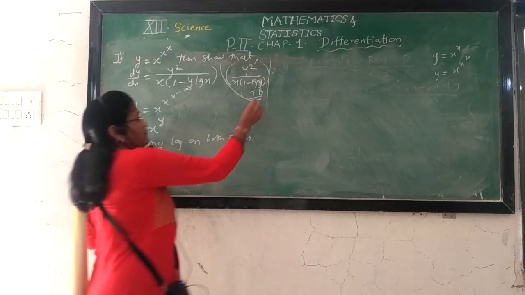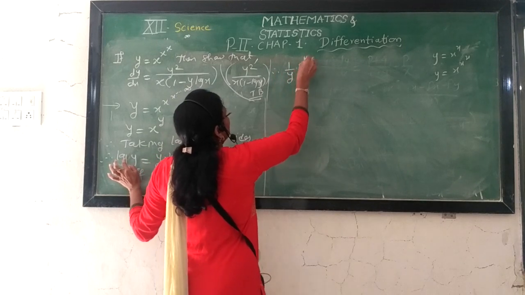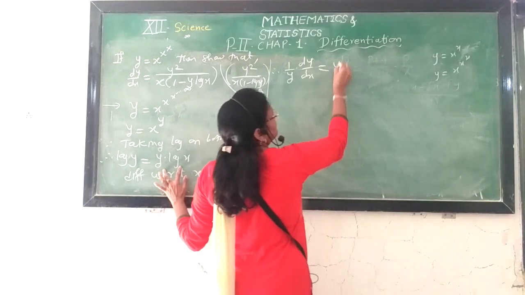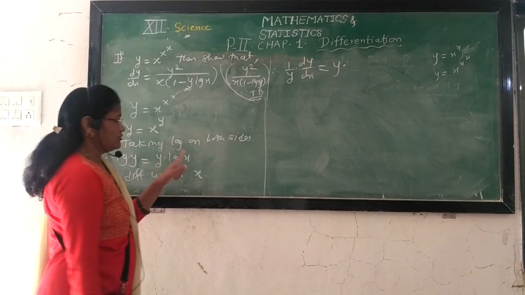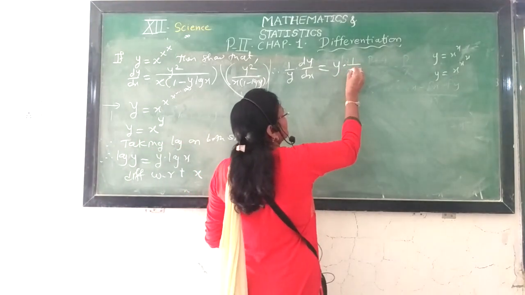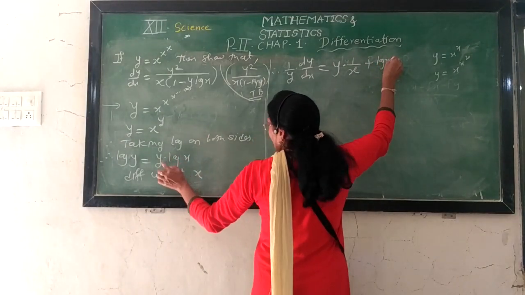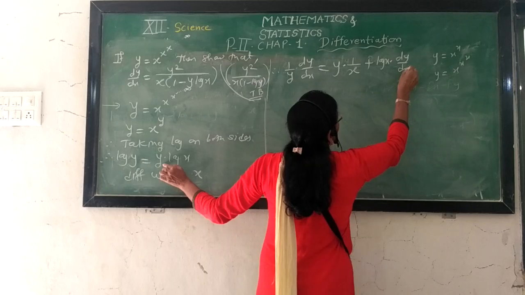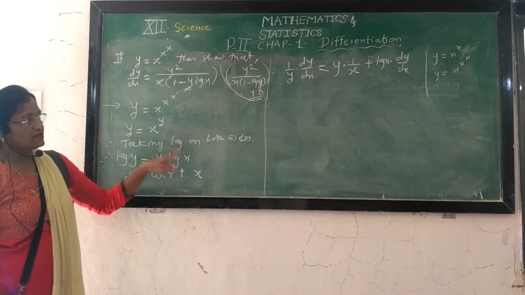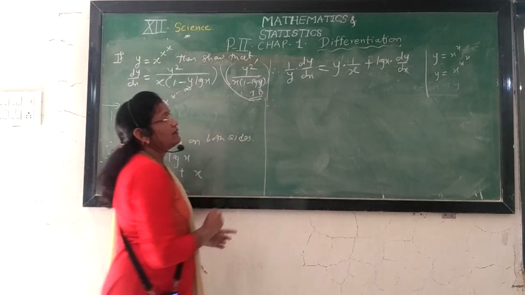For the left side the derivative of log y is 1 upon y into dy by dx. For the right side, applying the product rule: y times the derivative of log x, which is 1 upon x, plus log x times the derivative of y, dy by dx.